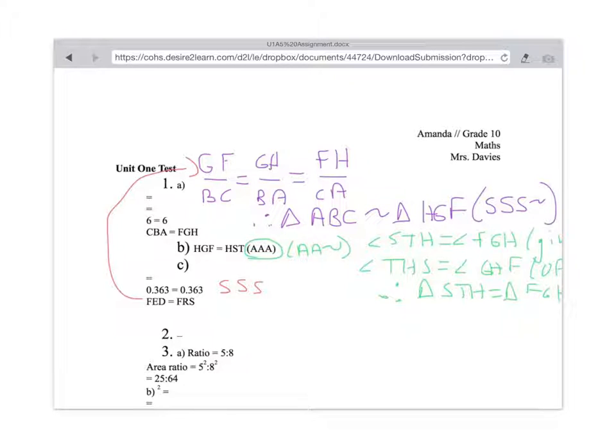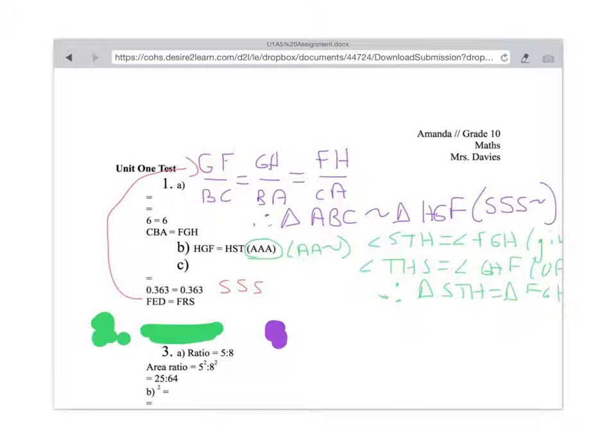Okay, now question 2, you've left question 2 blank. I'm not really sure why. So, sorry, this question here, question 2, you need to provide an answer for that in order to get some marks for that one. Okay. Question 3, I'm looking at A, and you've done that correctly.